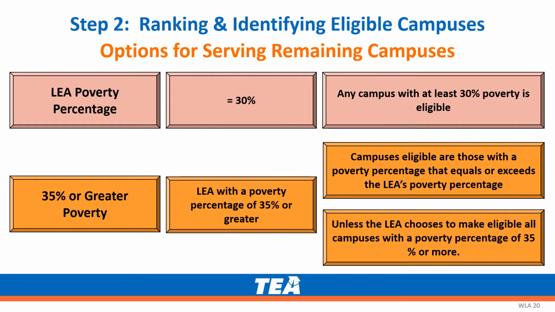Receipt of funds depends on the amount of an LEA's allocation and school poverty rankings, the per pupil amount the LEA allocates to each school, and in some cases, the grades that a school serves. We will discuss serving campuses with a poverty percentage below 35% later, which will require the LEA to utilize the 125% rule.